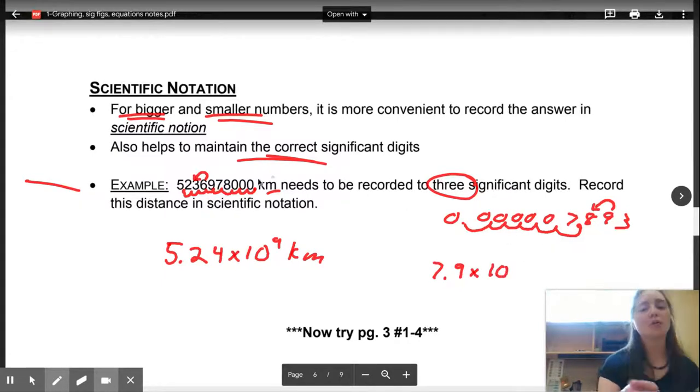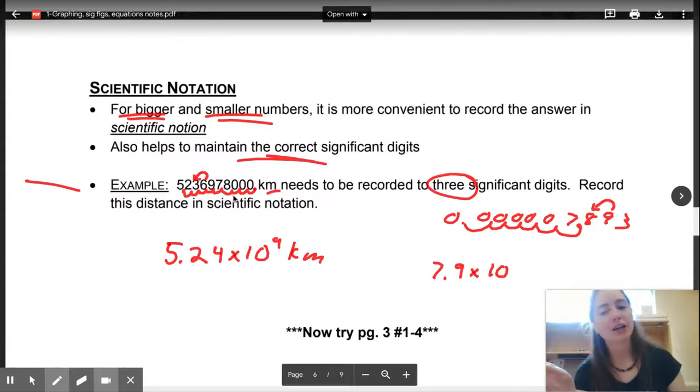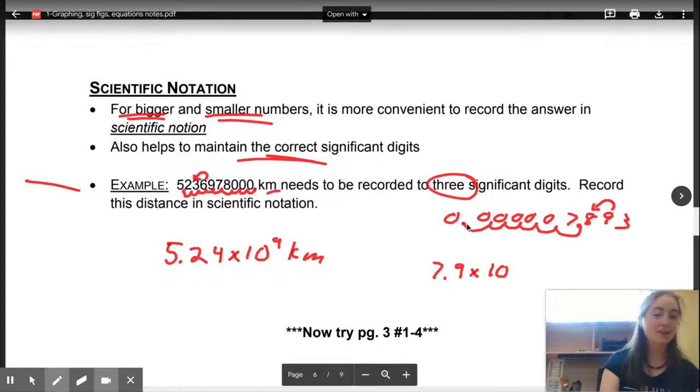Now, on the example we looked at initially, that was a large number, and we had to move our decimal place to the left, so that's positive. Here, this is a small number, and we had to move our decimal places to the right. And that means we have to make this negative. So we move them 1, 2, 3, 4, 5, 6. So that would be negative 6.